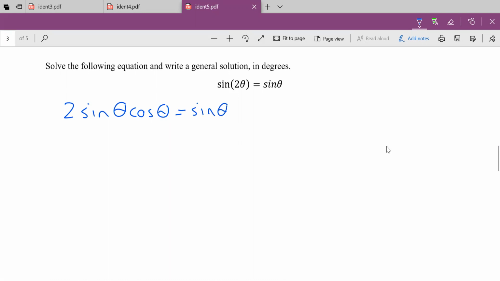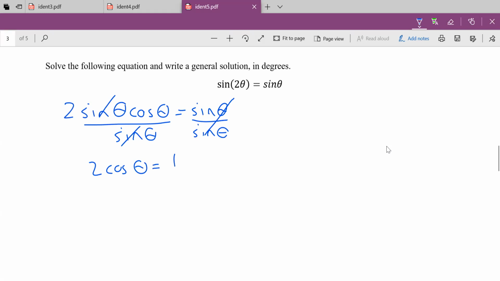Now, a number one mistake that I'm going to see here, especially because we've been doing identities, is I'll see students do this. They'll say, oh, sine theta on both sides. Let's divide. And they'll go whoop, whoop, whoop, and they'll do that.